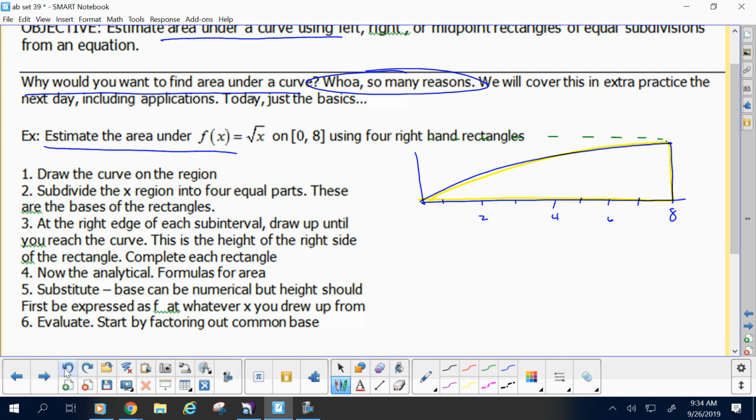I could use, say, 1 rectangle from 0 to 4, and 1 rectangle from 4 to 8, and that wouldn't be bad because that would be less error, the error being this overestimating region, right? So one of the big ideas of the day is 2 rectangles is better than 1 rectangle because there's less error.